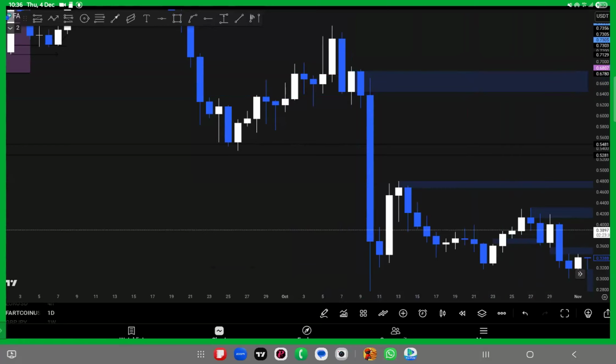All right. So this is what I'm trying to explain. Now let's talk about impulsive move. What exactly is an impulsive move? We've been hearing about impulsive move over and over again. Now, an impulsive move is a sharp move in price. I think we've already talked about impulsive moves when we were talking about market structure, but regardless, we'll talk about it here again in a more defined way.